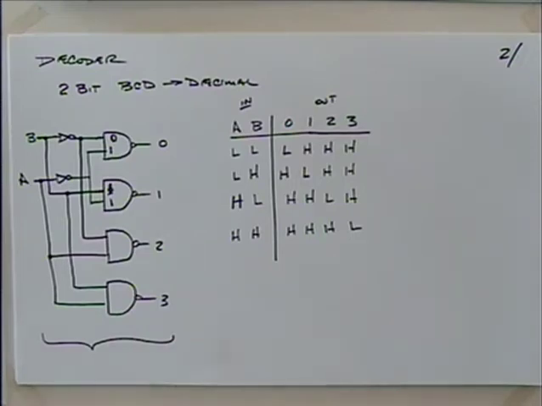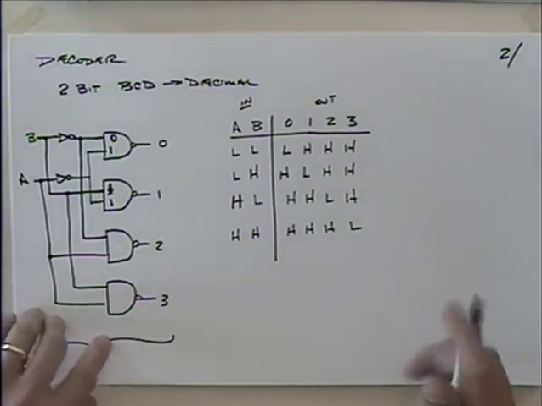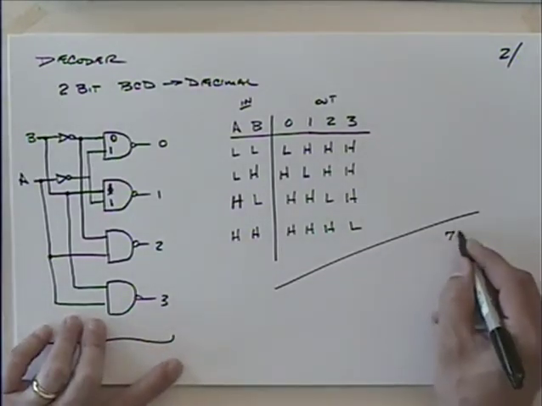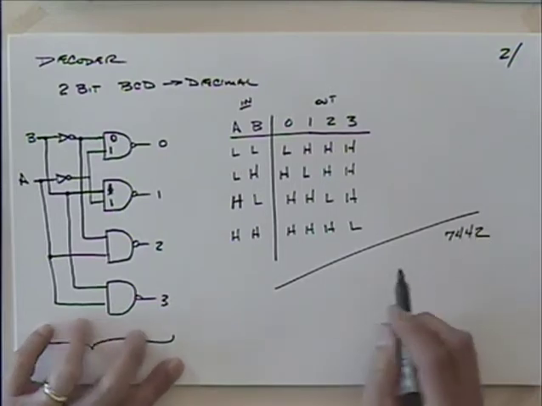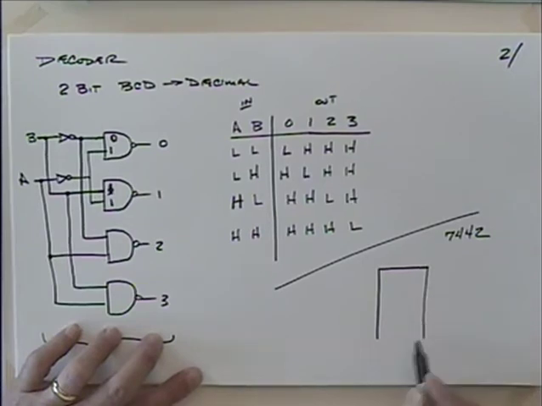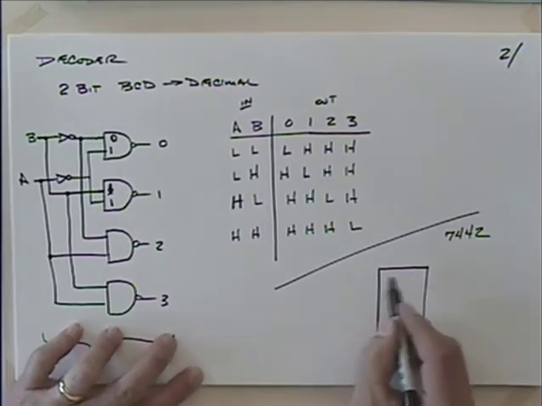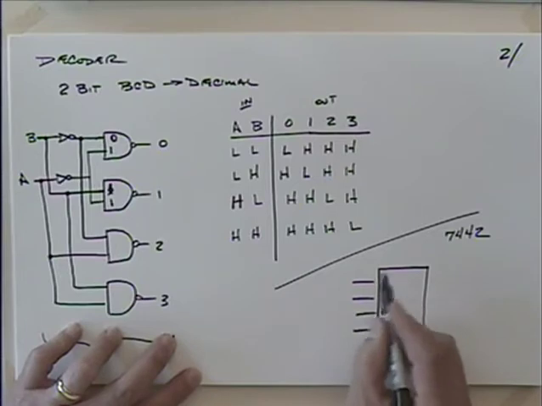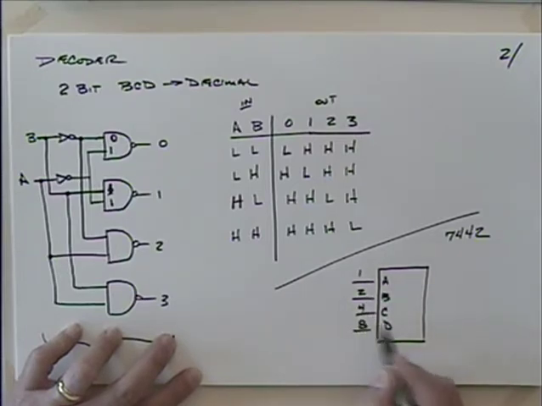So if we look at a 7442, you can get these packaged. Basically, the logic that you're going to have here is your A's, B's, C's, D's for the 1s and the 2s and the 4s and the 8s.